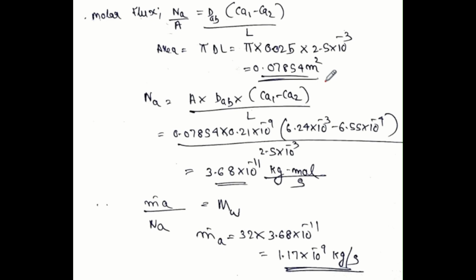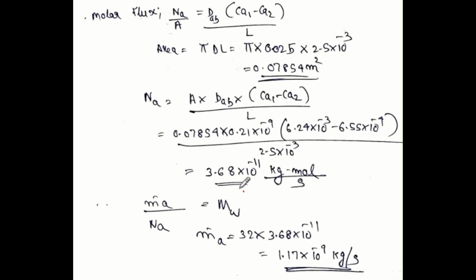So the area will be this much value. And here we need to find NA, the number of moles. NA can be found by transferring the area to this side.